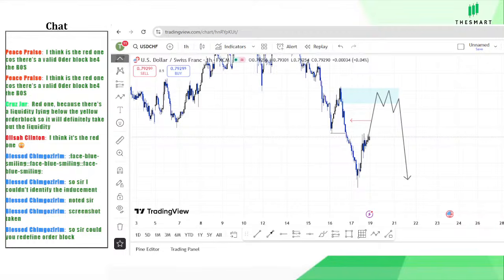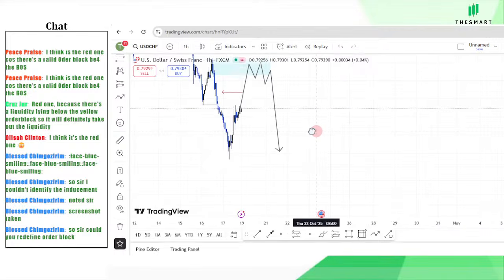Okay, so we said order blocks are those points or those zones in the market where you have large market orders. This is what it looks like on the chart.